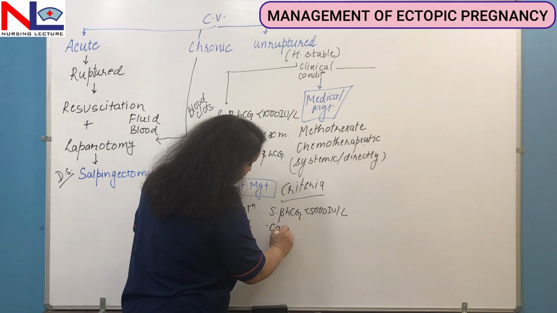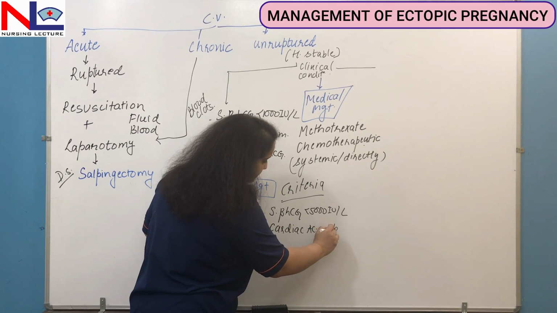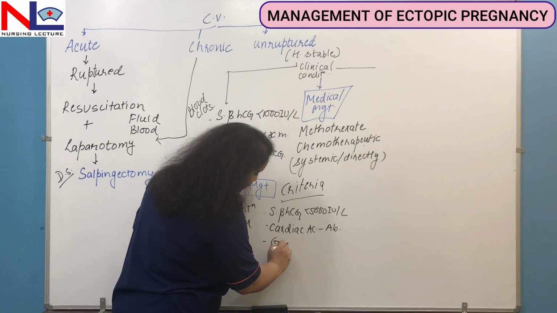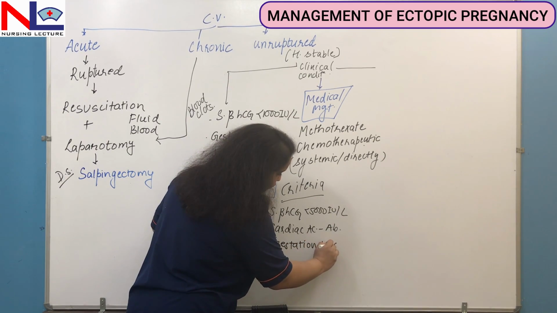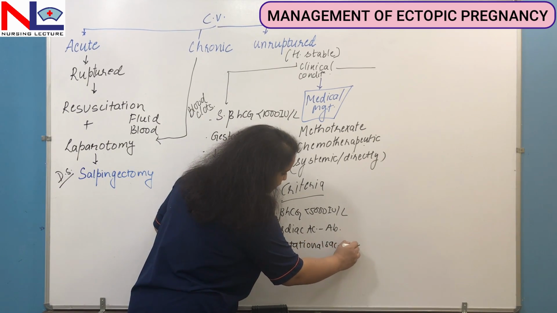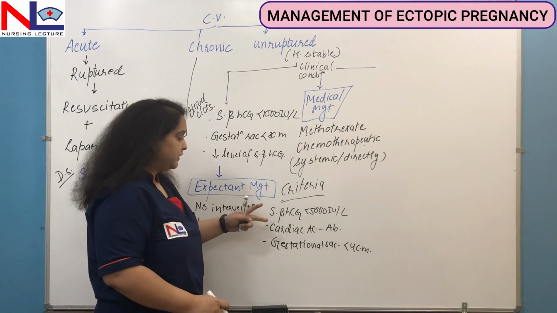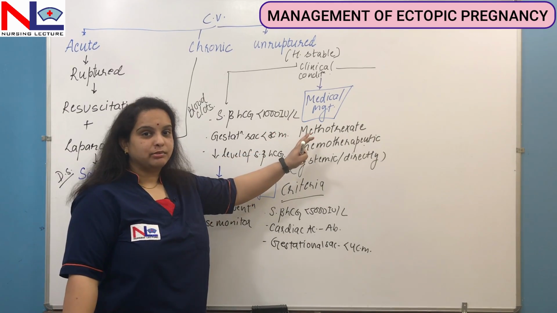On examination, cardiac activity should be absent. And the size of the gestational sac should be less than 4 centimeter. These are the important criteria. If all three are met, then only we can go with medical management.